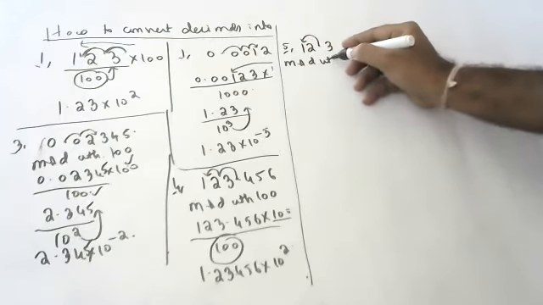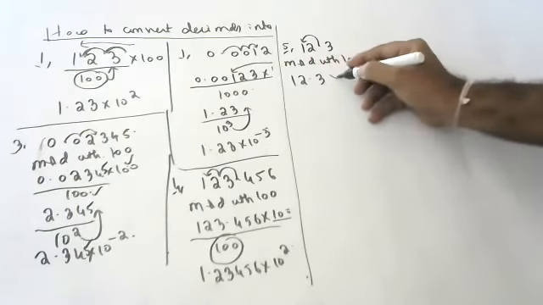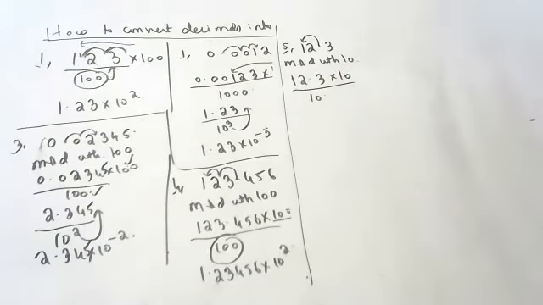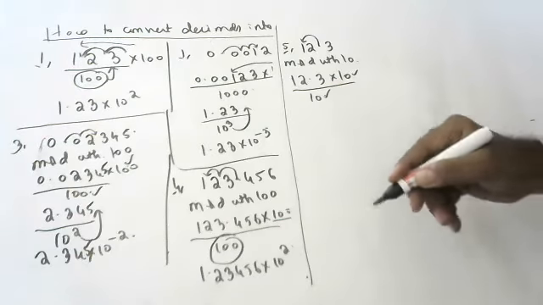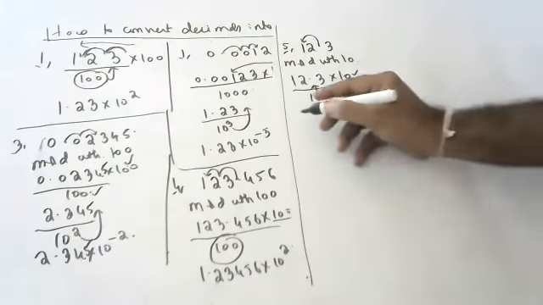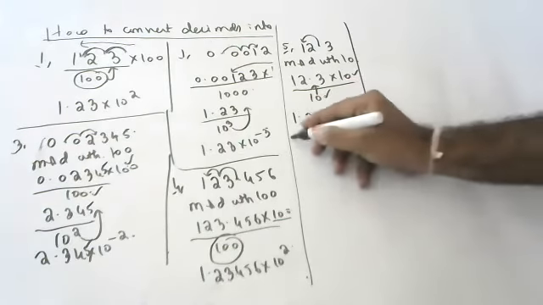Multiply and divide with 10 to the 10. So 12.3 into 10 by 10. Okay, which one will we use, denominator or numerator? Numerator. No, denominator. Left, so denominator we will use. So we use this for putting decimal. 1.23 into 10 is the answer.